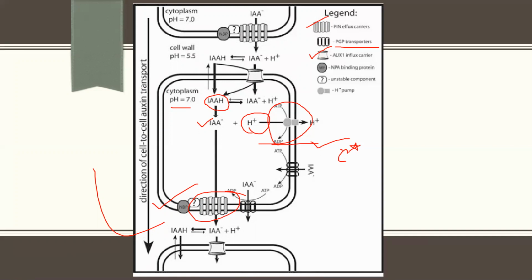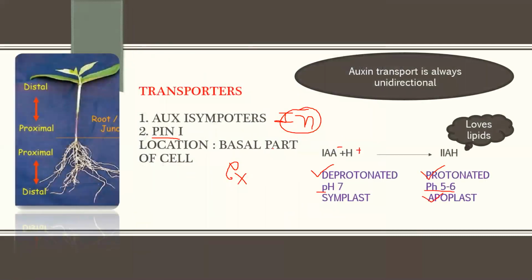It is also a function of auxin to promote cell elongation, and with the help of this proton gradient, expansin protein activates and elongates the cell. So this was the polar transport of auxin.